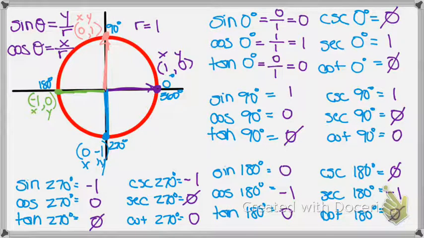What did we say r was for the unit circle? 1. So what is really sine defined as? Y. And cosine is defined as x, okay? Notice how that kind of worked out for those points. If you go through every single one of those, the sine is the y value at that point. The cosine is the x value.